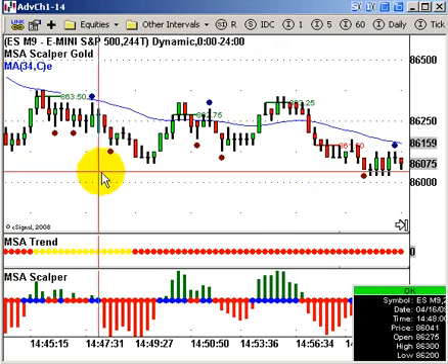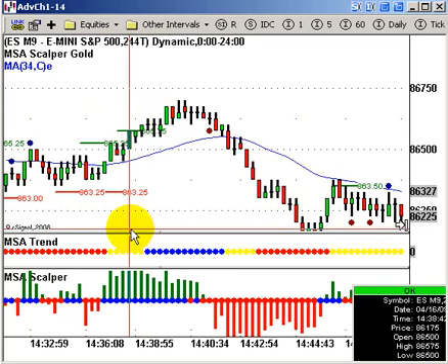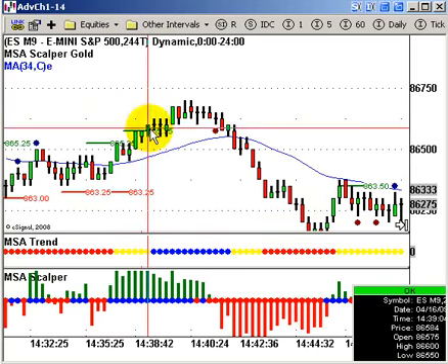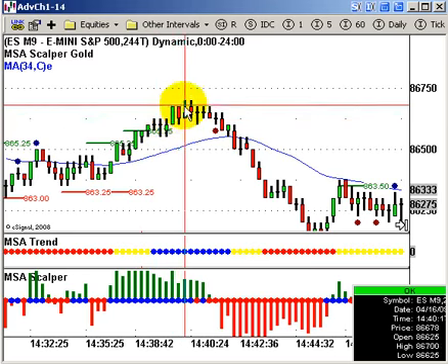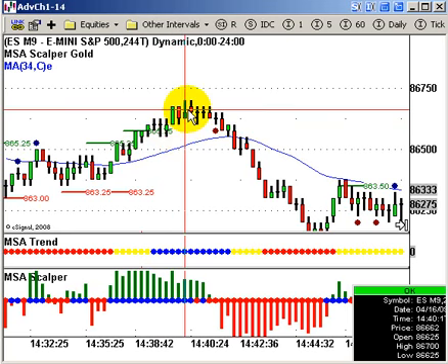So a couple of ways, like I said, you can do it. If you get a long signal, as long as the trend is neutral or long, you can take it. You can either scalp out of it. You see from 865.50, got a high there of 867.